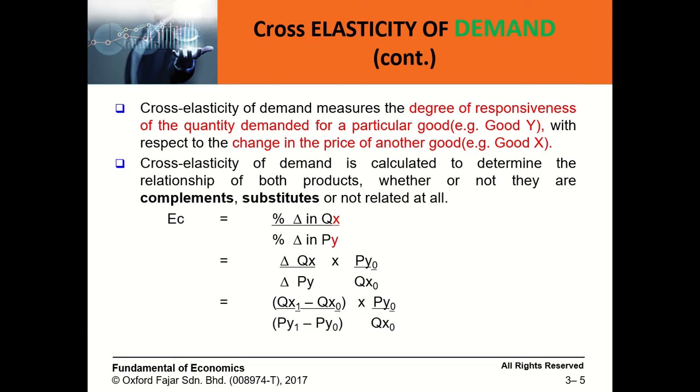The last formula can be read as: quantity of good X new minus quantity of good X old, divided by price of good Y new minus price of good Y old, times price of good Y old divided by quantity of good X old.